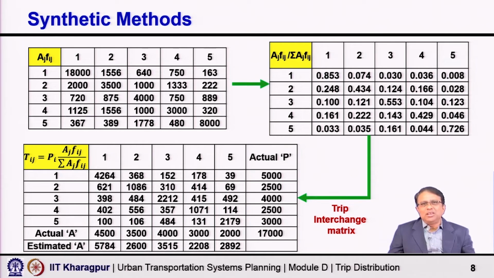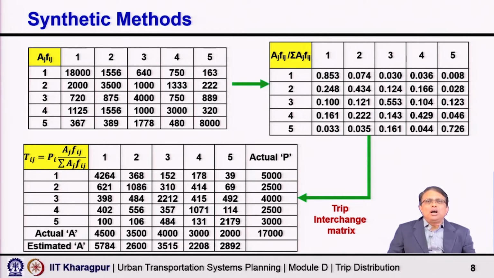Again, no wonder, because you have used a production constrained gravity model. So, obviously, the row totals will match. The column totals, as usual, did not match exactly, but we will not apply the balancing now at this stage, right. So, we go ahead with that.